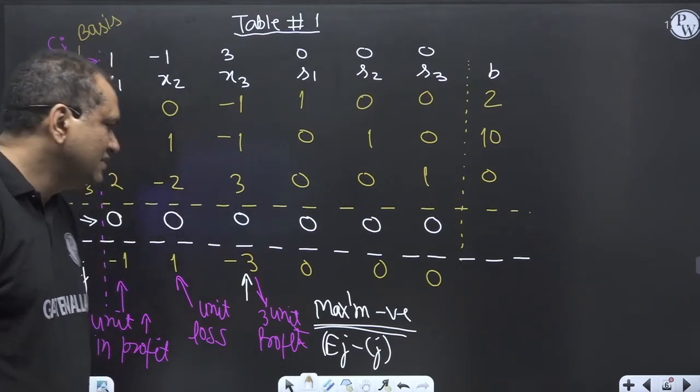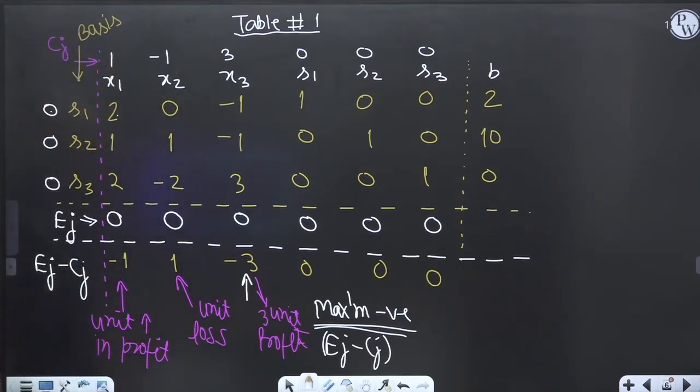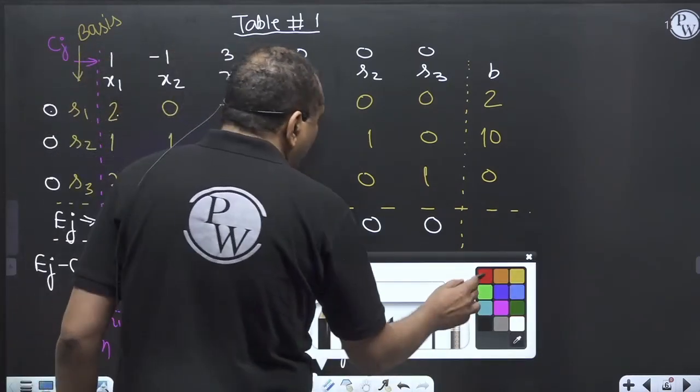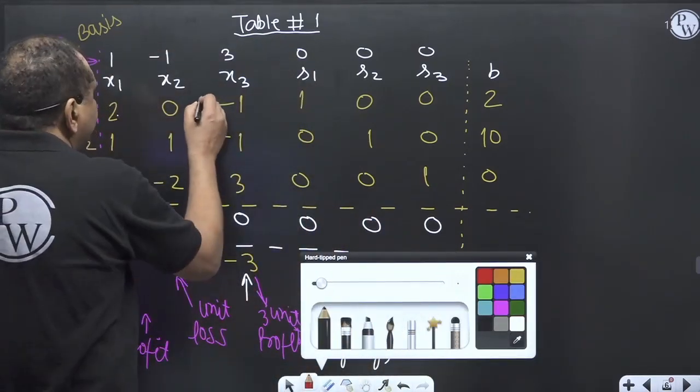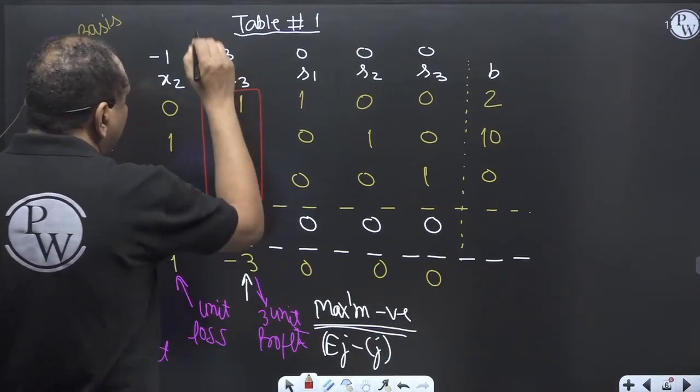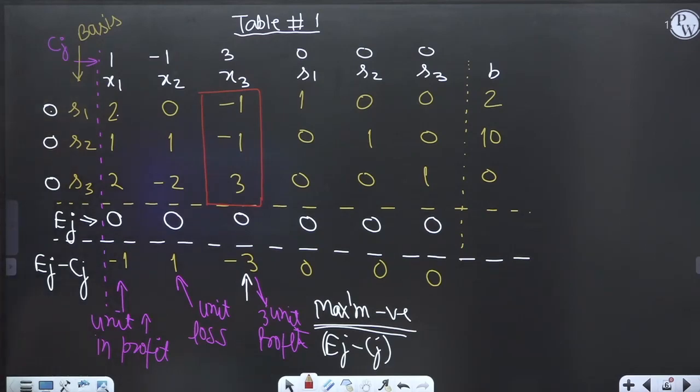Understood now? So now this is the entering column.